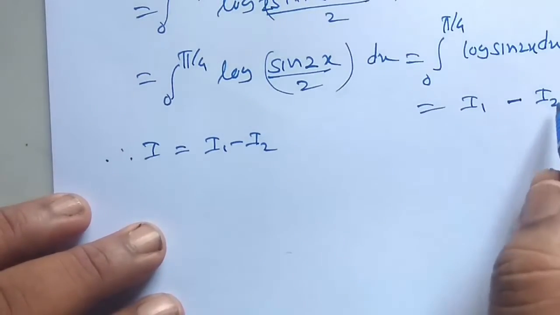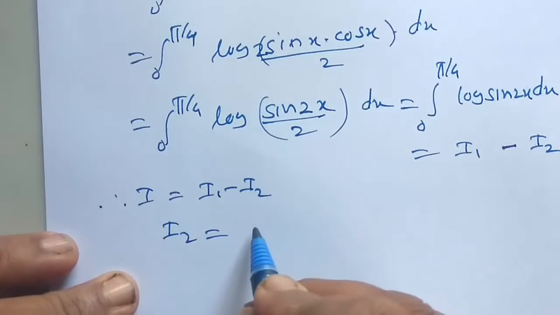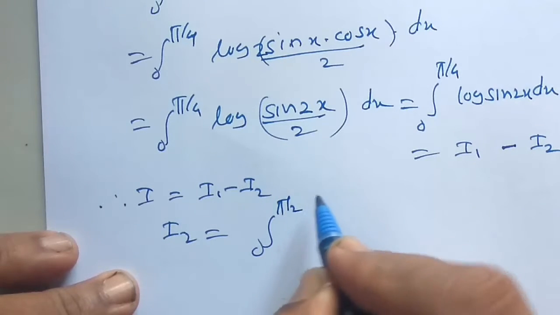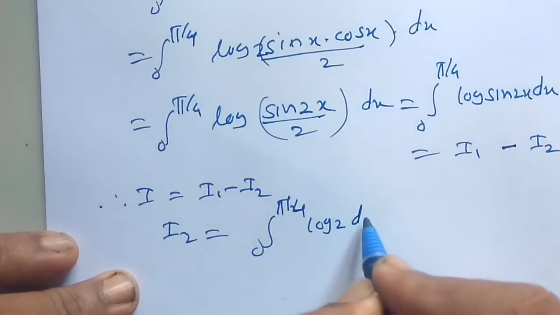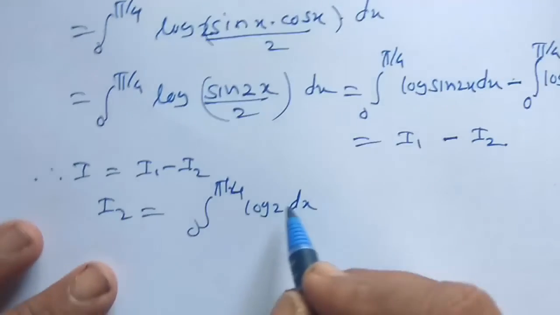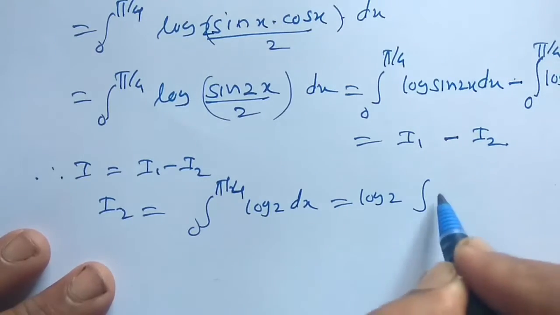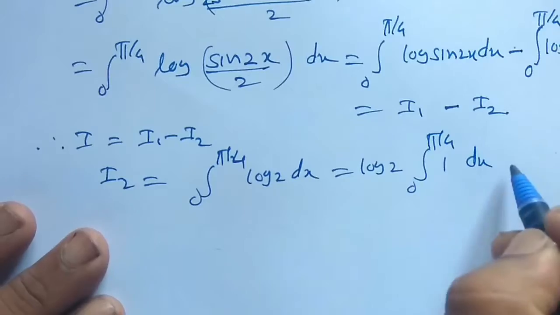Now, we first evaluate I2. I2 is equal to integral 0 to pi by 4 log of 2 dx. Here log of 2 is constant, so it is log 2 times integral 0 to pi by 4 of 1 dx.